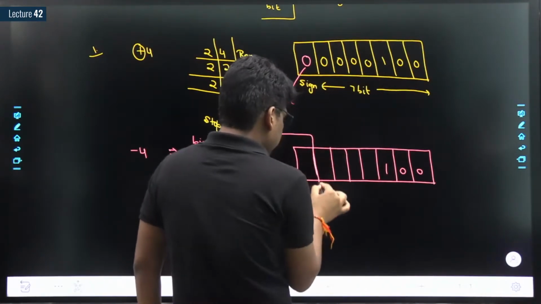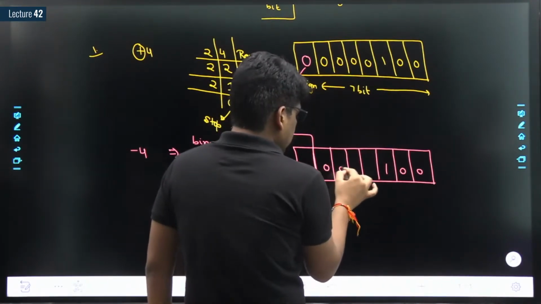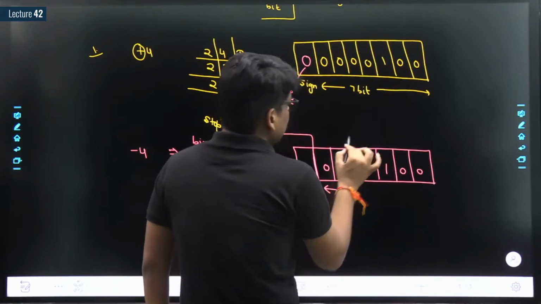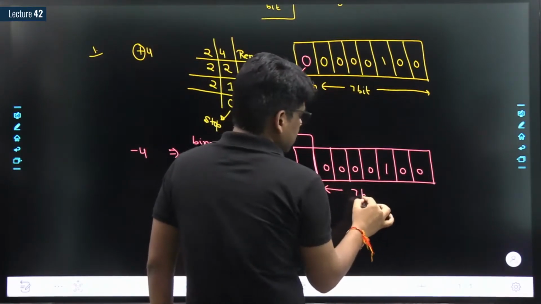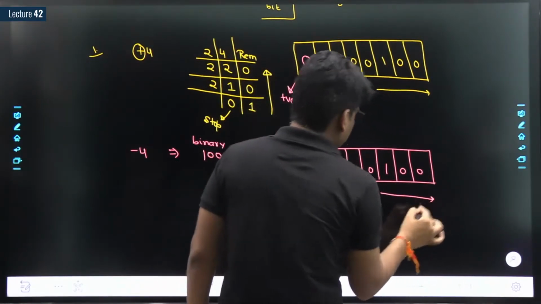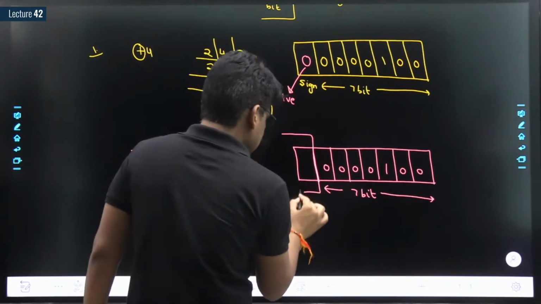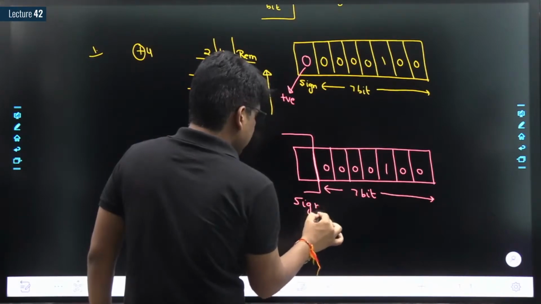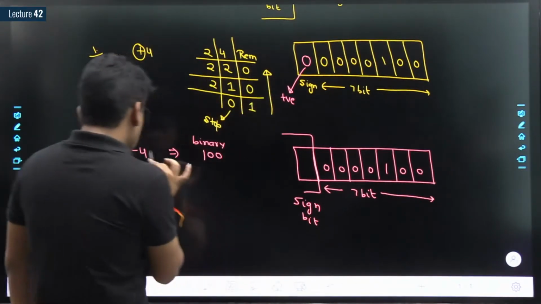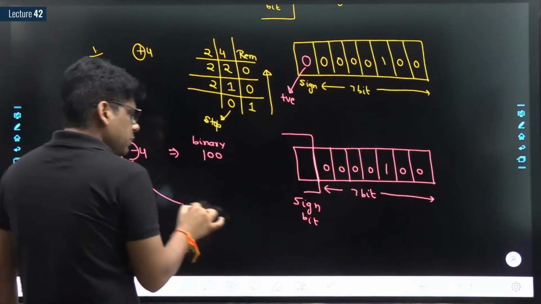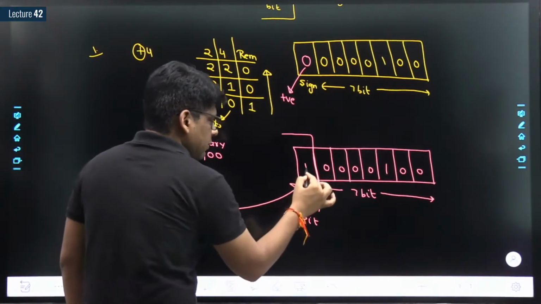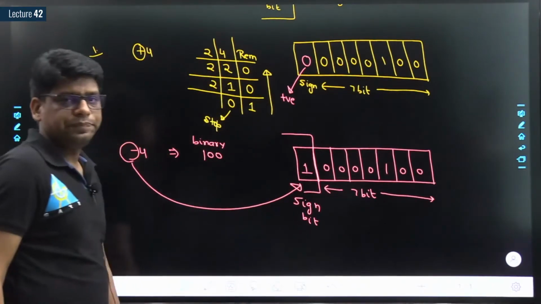This bit is the sign bit, but what about the magnitude? See, the magnitude is the same in both cases. If I talk about the last 7 bits, the same. But this MSB is reserved for sign. And just because it is a negative number, what should be the sign bit? Sir, the sign bit must be 1.